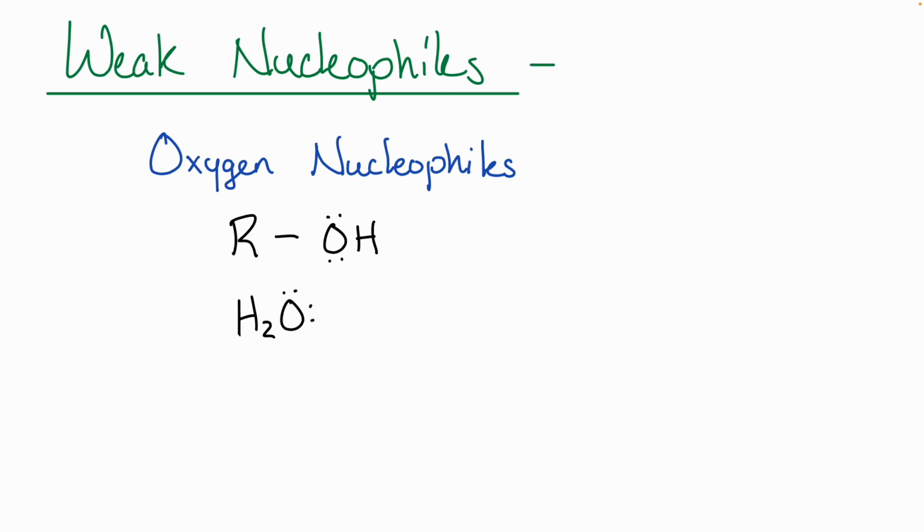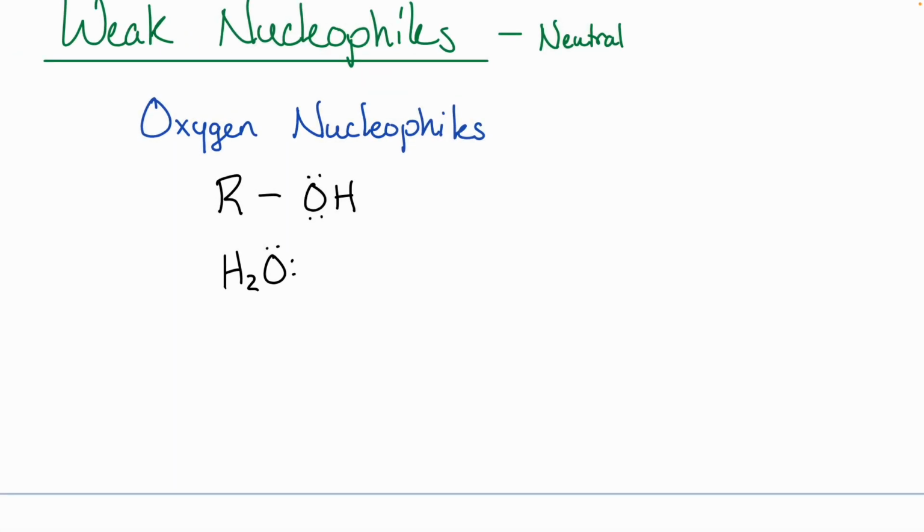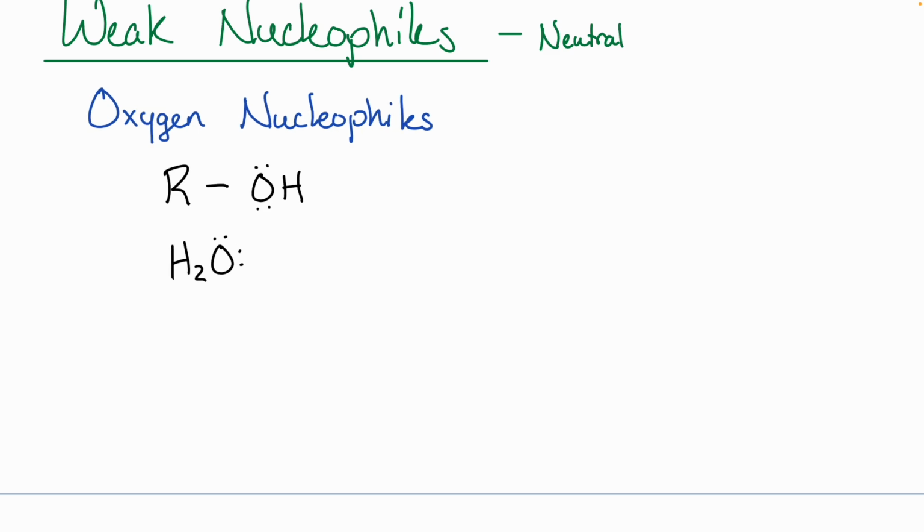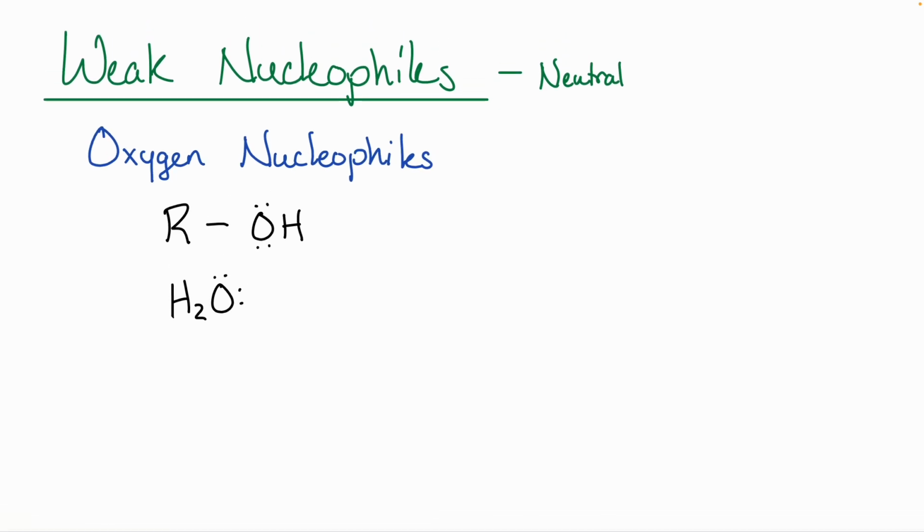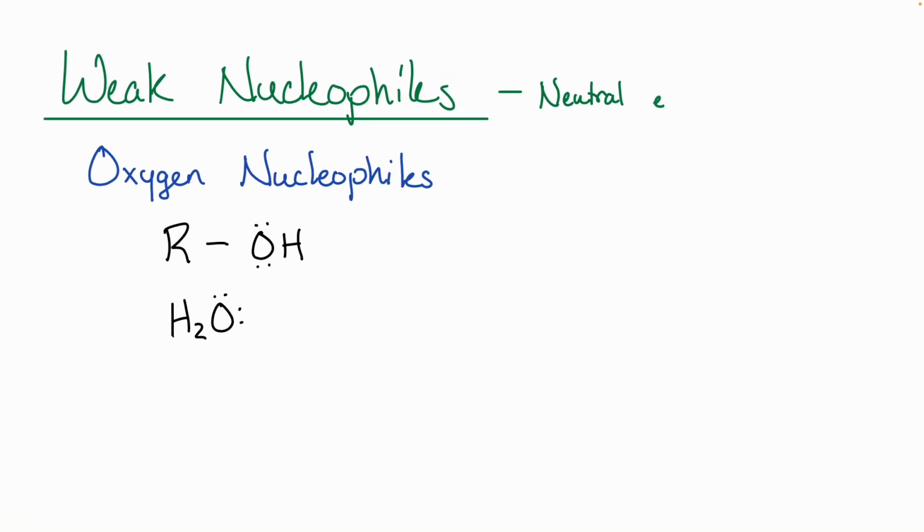Right? Our weak nucleophiles are neutral. And I guess we can even say neutral except for that one element that's particularly good at being a nucleophile, even if it's neutral, which is what? Sulfur.